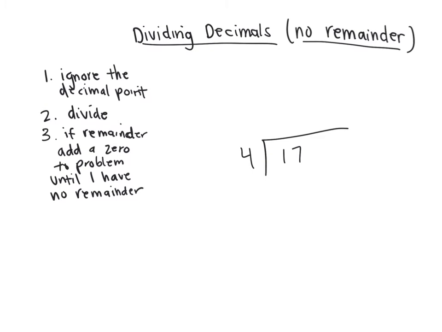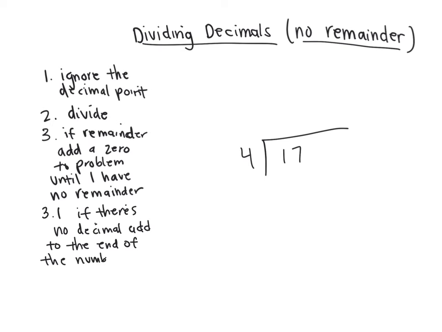Step 3.1: if there's no decimal, I'm going to add it to the end of the number.